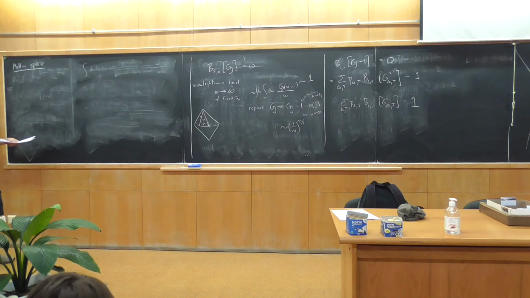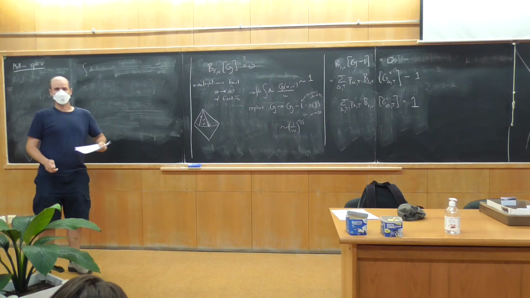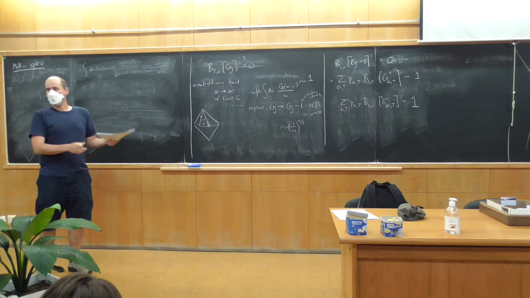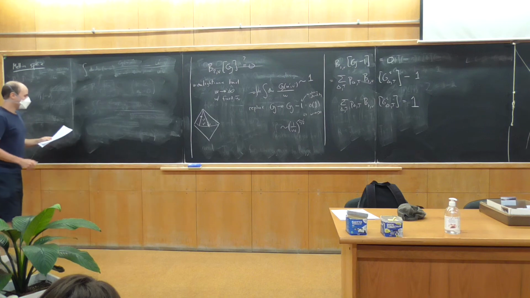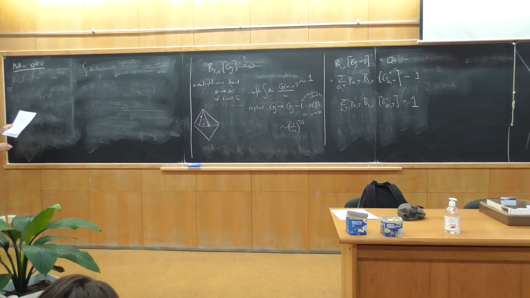The idea of dispersive functionals in Mellin space is conceptually perhaps a lot simpler than this. It's just a dispersion relation in Mellin space. It's just the Cauchy integral formula in Mellin space.